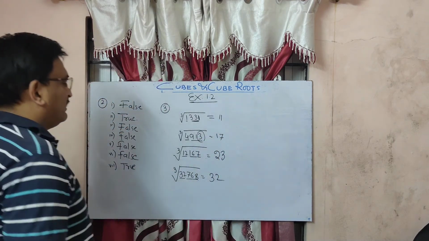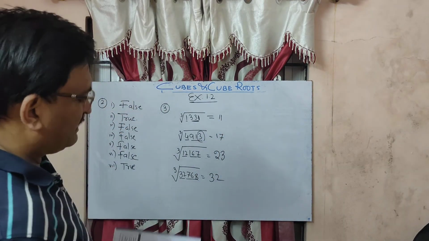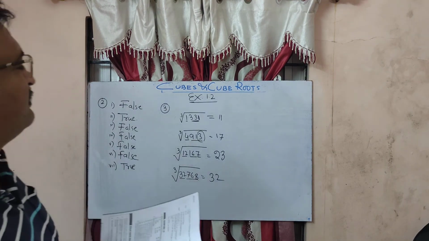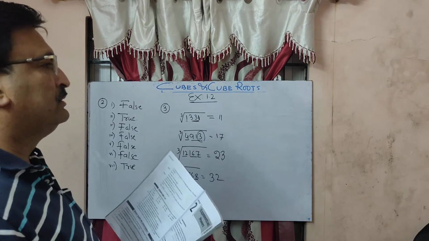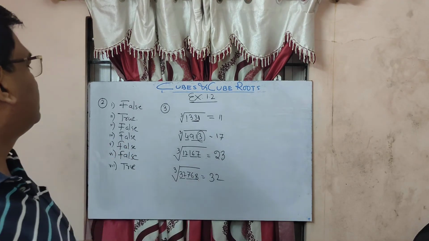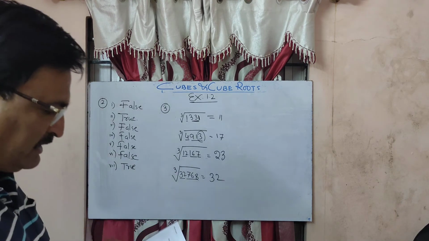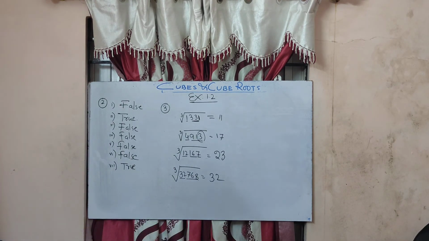So without calculating, by regrouping, you can easily find the cube roots of any perfect cube through the direct method. This is how we can solve the examples related to cubes and cube roots.